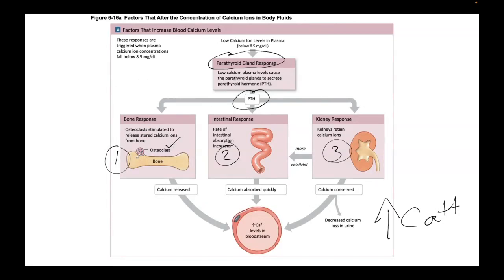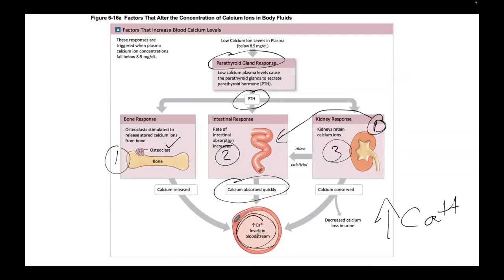We can use osteoclasts, which can break down bone, and the calcium that's broken down from the bone can increase blood calcium level. Well, the intestines can respond and say, hey, we need to increase calcium, so let's absorb some quickly. And it can absorb some because the kidneys are involved in producing vitamin D. Vitamin D goes to the intestines and says, let's absorb some calcium from our diet.